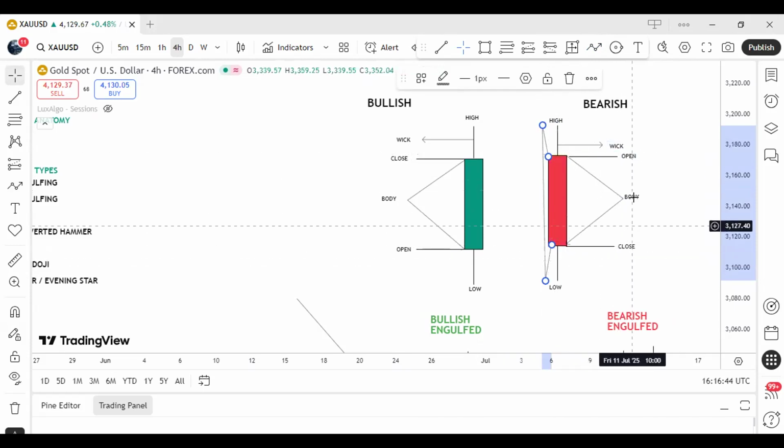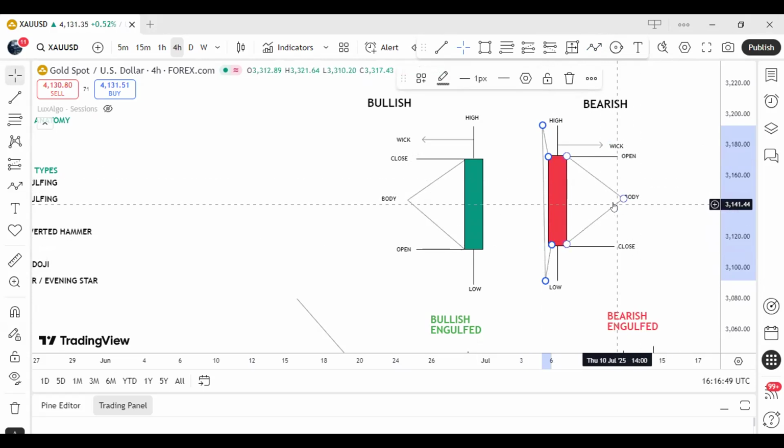So the open and the close show us the body of the candle, and it shows who is actually stronger in the market, right? At this point, because we are bearish, this shows that the sellers are the ones in charge at that particular time period, that is, the period of the 4 hour or the daily time frame which you are in.